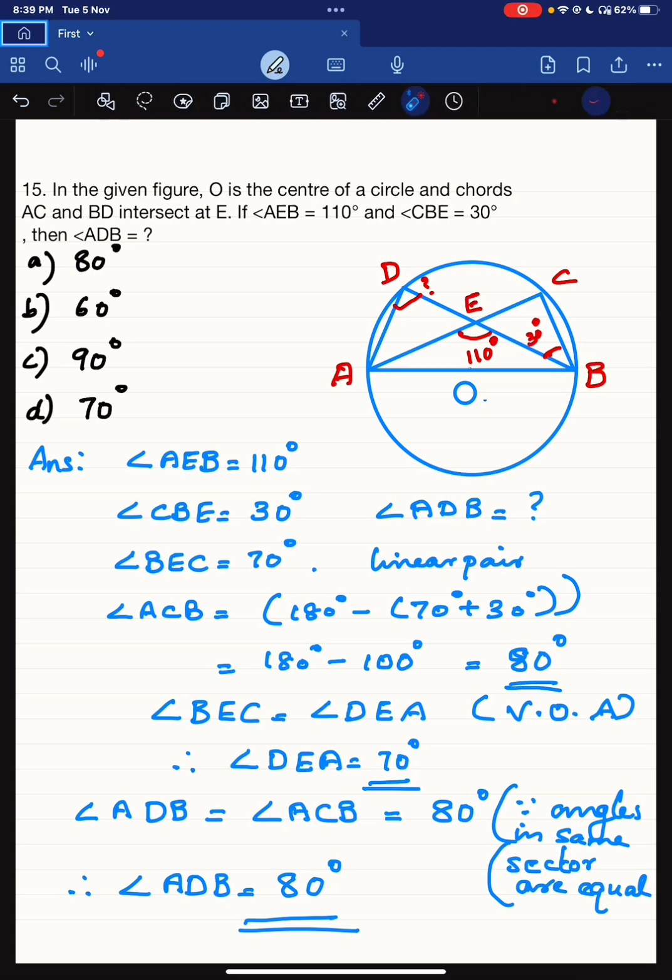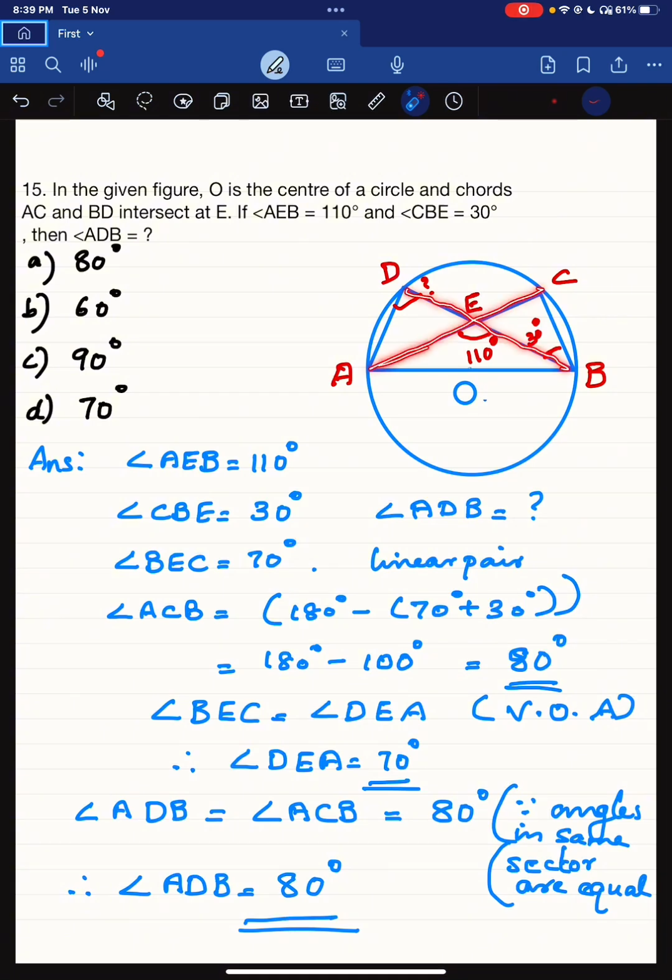So given angle AEB is equal to 110 degrees and angle CBE is equal to 30 degrees, then we get angle BEC is equal to 70 degrees. How did we get this? Because this is a linear pair. Look carefully at the figure.